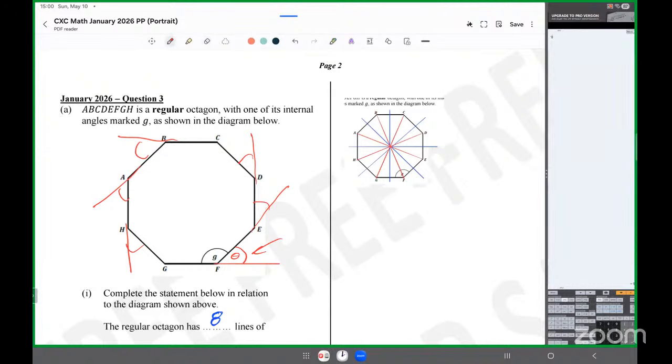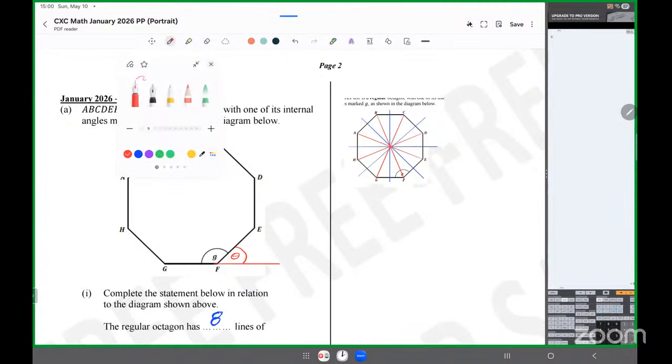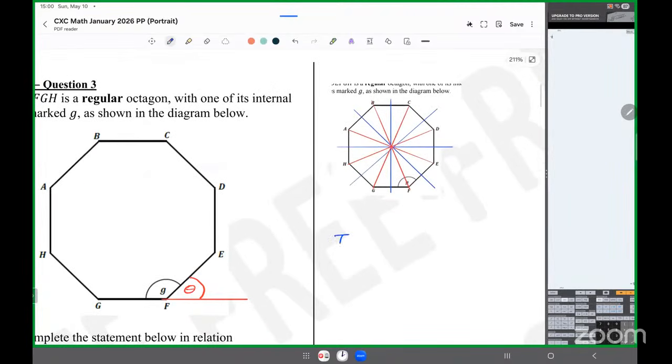So therefore, in this diagram, using the concept of the exterior angle, the total exterior is 360 degrees and there are 8 of them. I'm calling each of them theta. So 8 times theta equals 360, so one of them becomes 360 divided by 8.